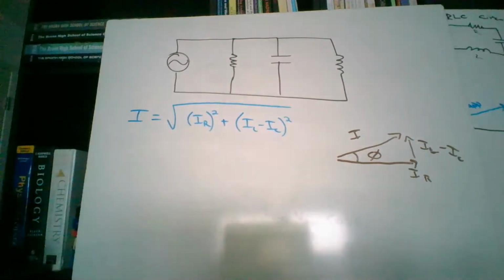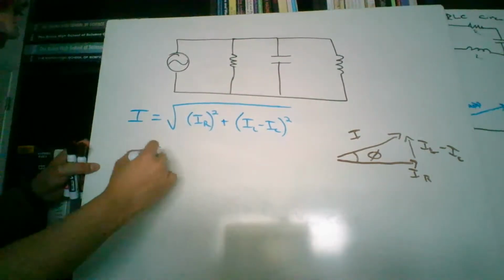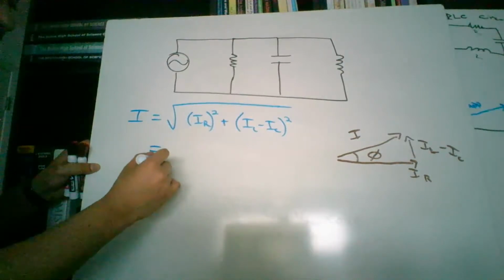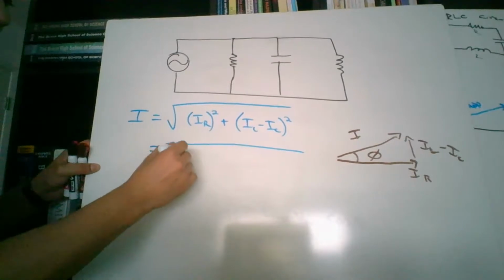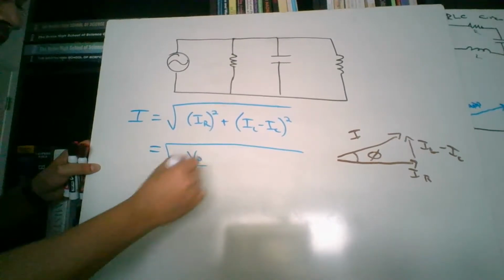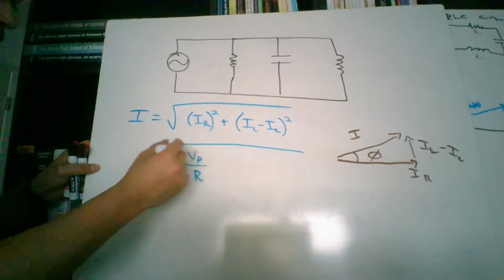So I'm going to rewrite this as the square root of the peak voltage divided by R, and all of this is squared.